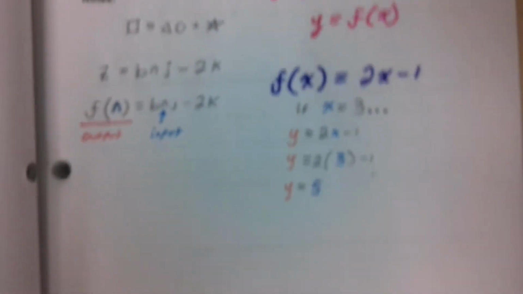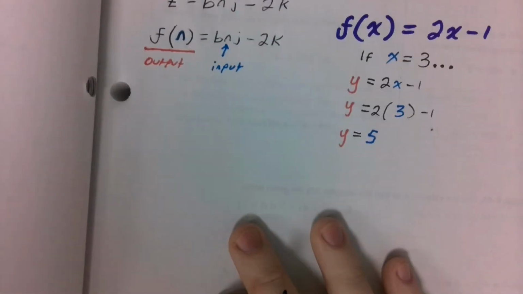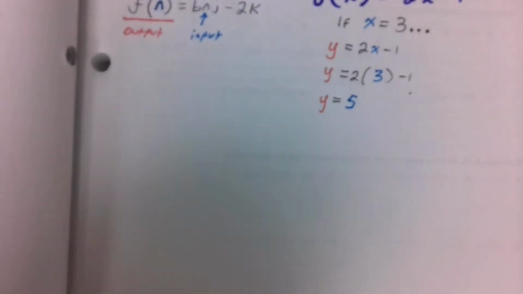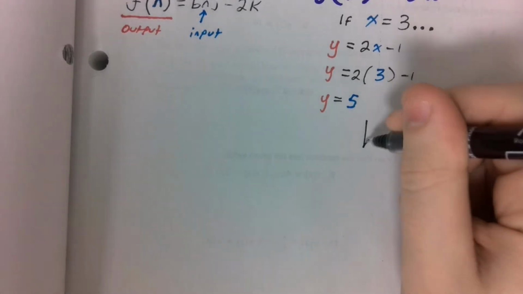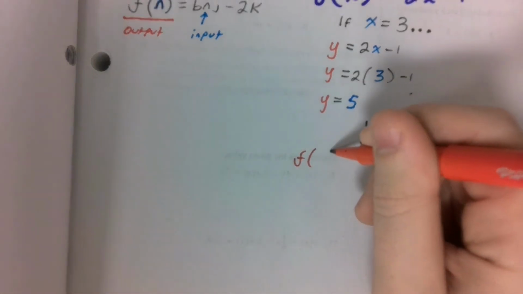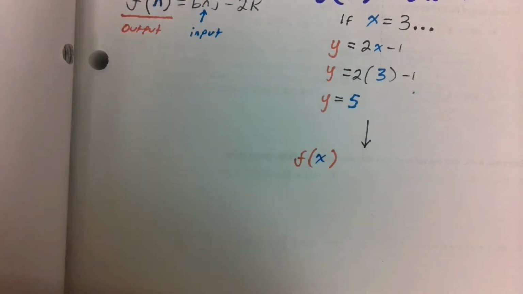It gets a little bit different when we're writing it out in function notation, and this is the confusing bit. In function notation, we would write it out as follows. We would write out still f of x equals 2x minus 1.